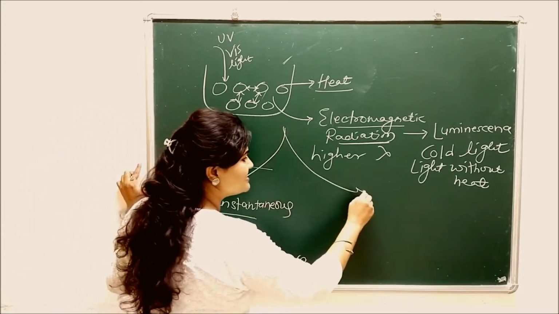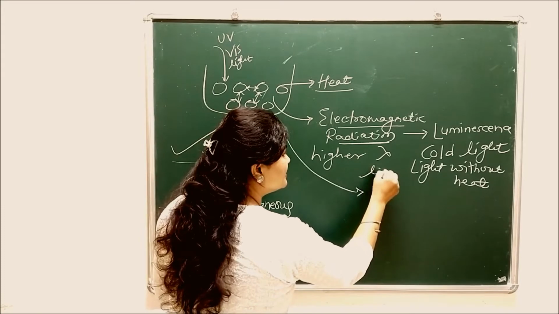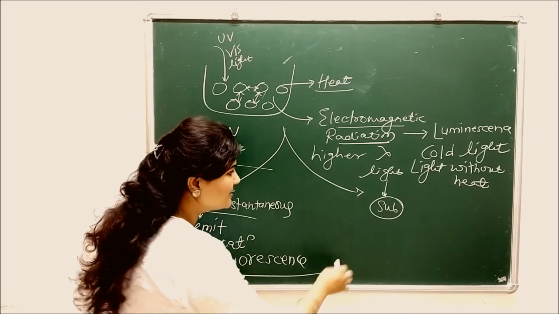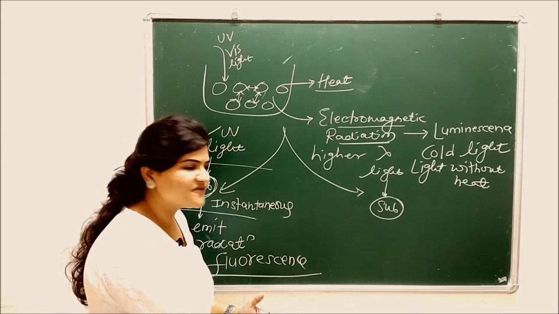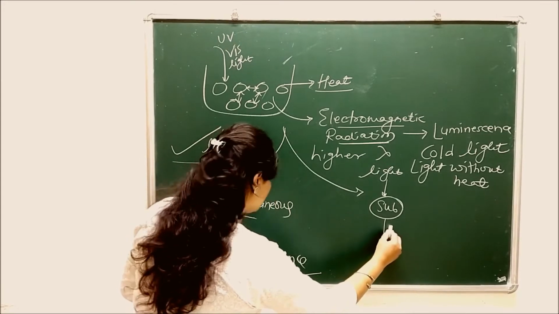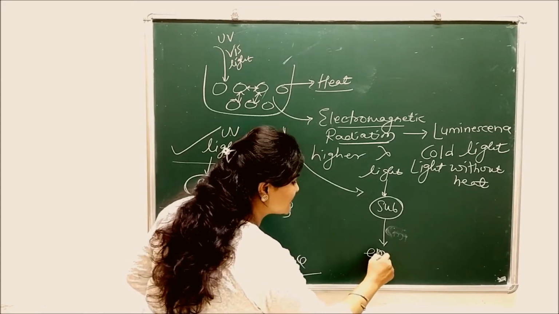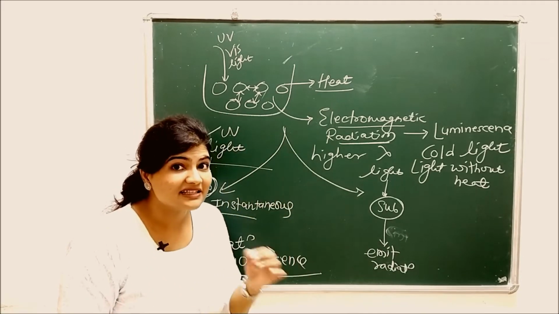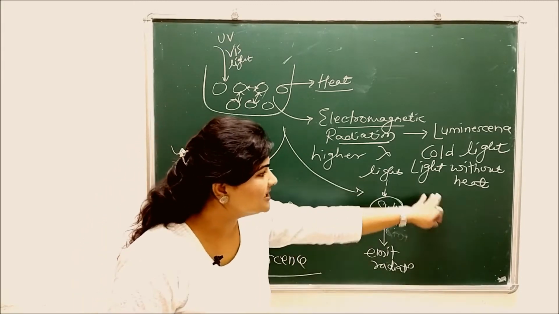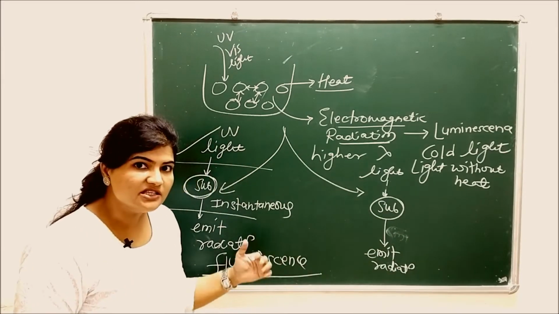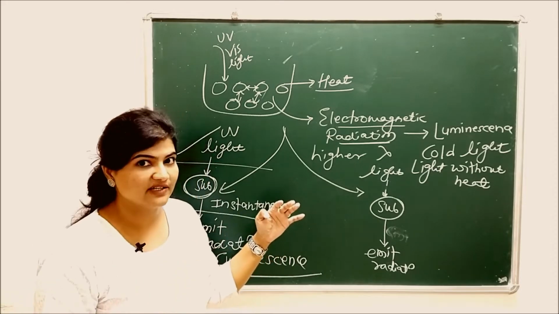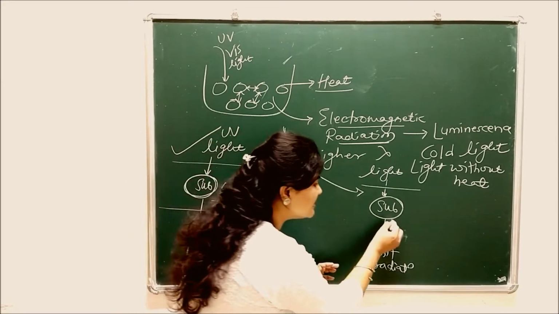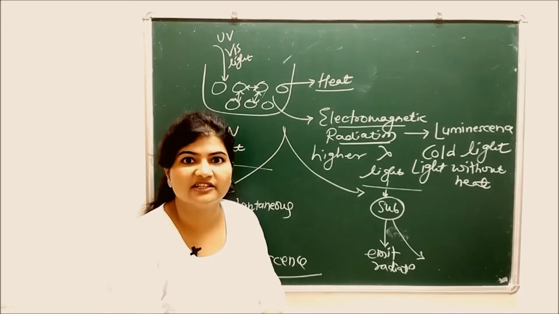Now imagine another situation. You start irradiating your substance, and then just after a fraction of a second, you will see the emission of radiation. It will start to emit radiations. Now the catch is here. You stop the irradiation. In fluorescence, once you stop the irradiation, the emission will also stop. But here you cut the irradiation of the substance, still the emission of radiation will go on for a certain amount of time.